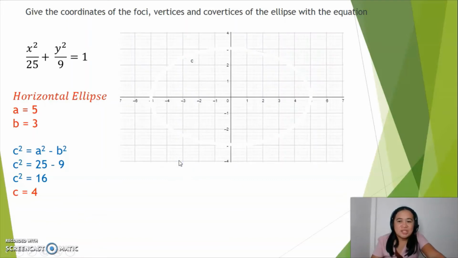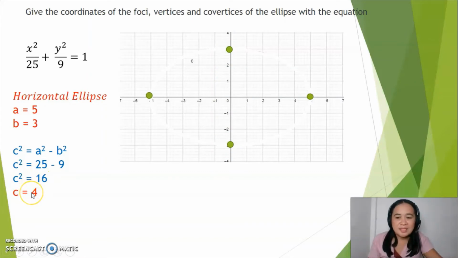Now, how to sketch this in the Cartesian plane? Since this is a horizontal ellipse and our a is 5, from the center, count 5 points to the right and 5 points to the left. And since our b is 3, from the center, count 3 points going to the top and 3 points going to the bottom.